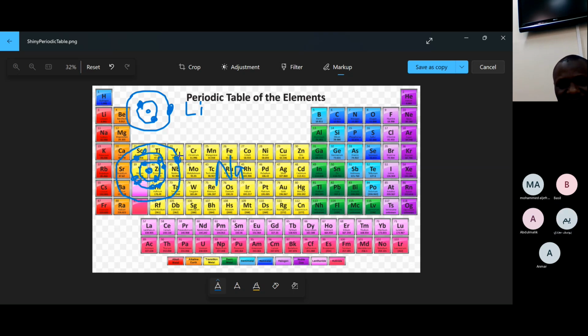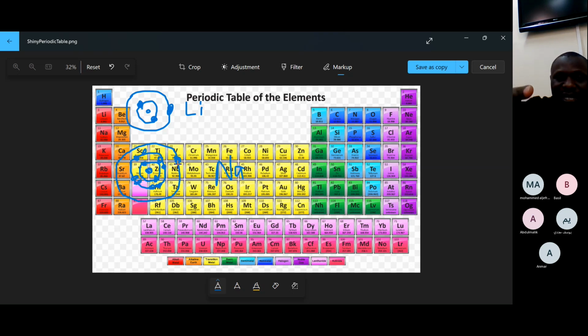Because of that shielding effect, the electron in sodium is not strongly attracted to the nucleus, but the electron in lithium is strongly attracted to the nucleus, okay? Because of that, sodium can easily lose an electron, and the ionization energy in sodium will be low.